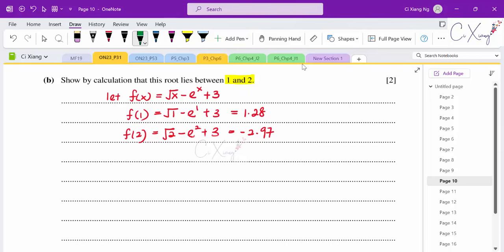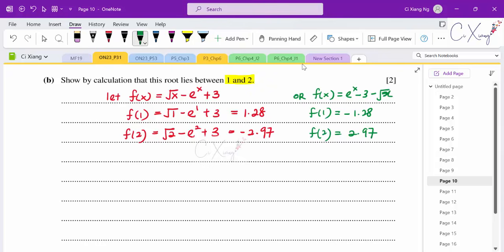All right. There's another option. Let's say some students change the equation in the opposite direction, where they have e power x minus 3 minus square root x, moving the square root x to the other side. Then basically the answer is also the same, only the sign is different. So this one will be negative 1.28, this one is 2.97.